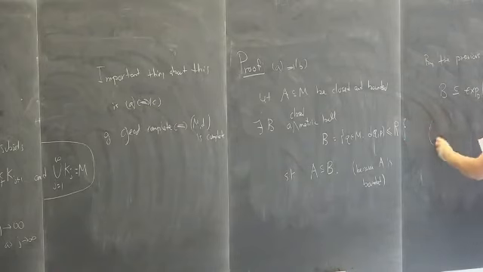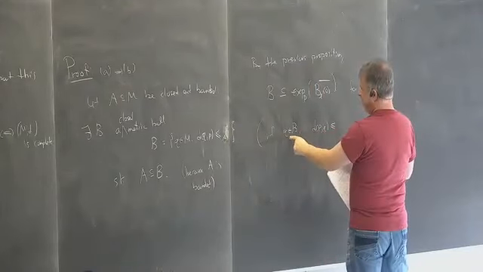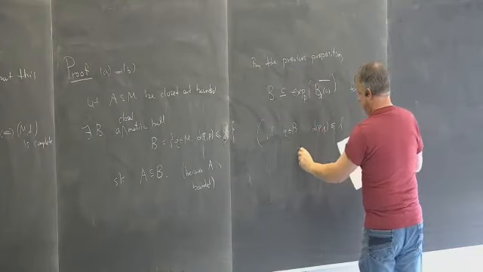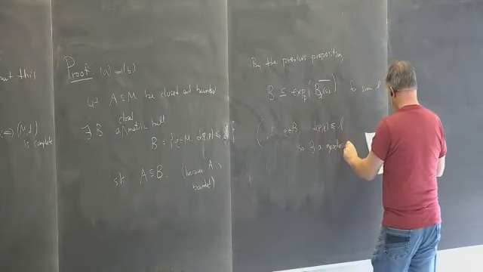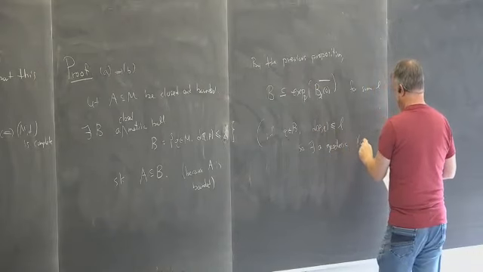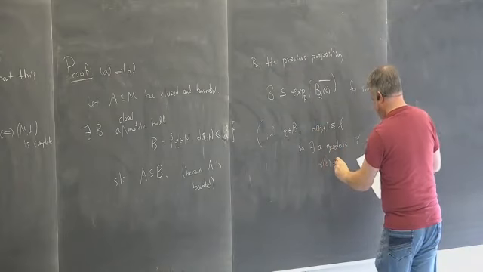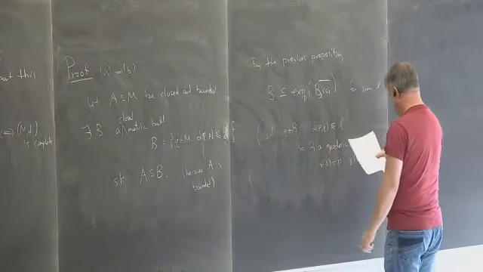This is because if q is in B, the distance from p to q is less than or equal to L. So there exists a geodesic gamma with gamma(0) equals p and gamma(L) equals q, a normalized geodesic.